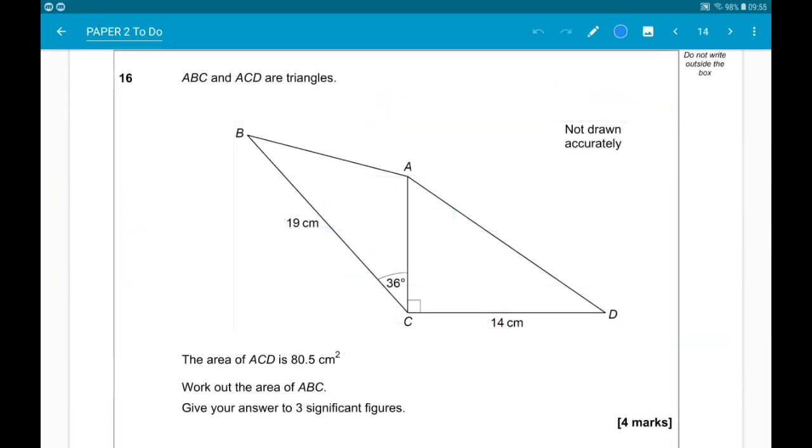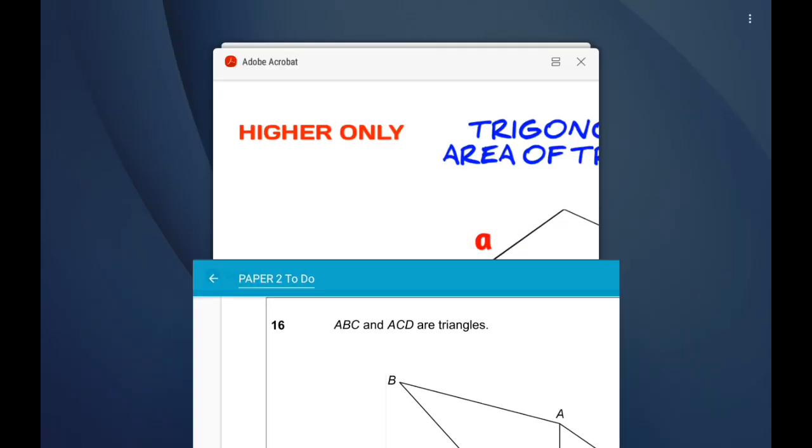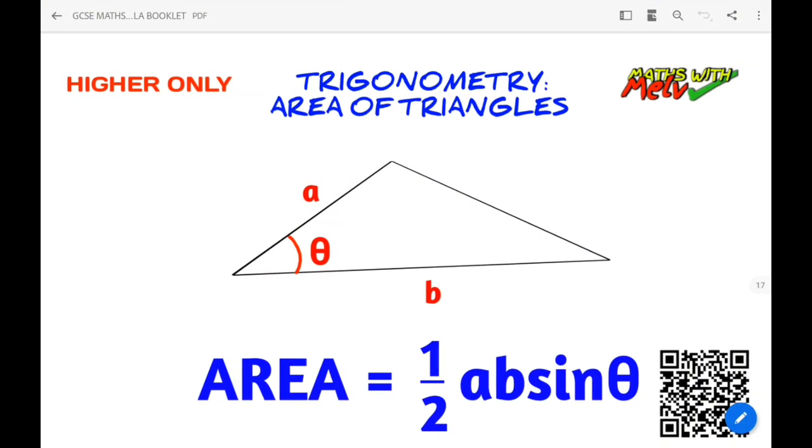Okay, next up, ABC and ACD are triangles. The area of ACD is 80.5 centimeters squared. Work out the area of ABC. Okay, so in ACD, we know one length and an angle. Now, we can work out the area of a triangle using trigonometry.